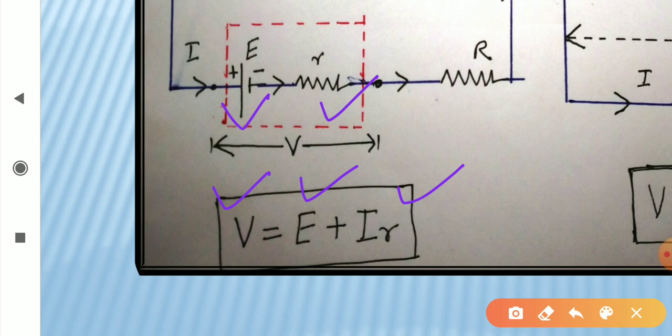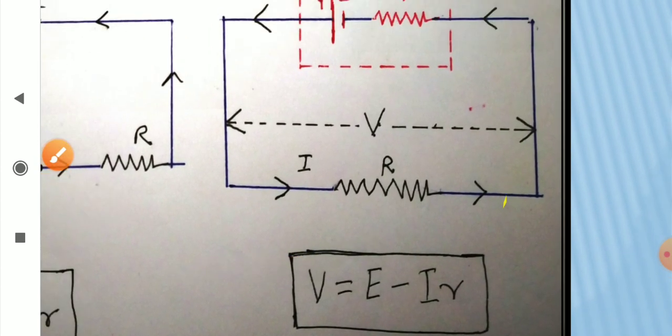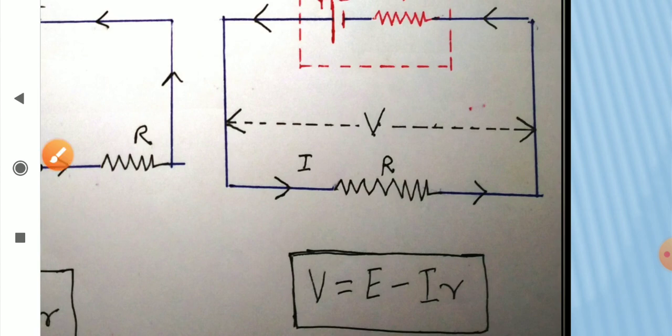So when a cell or battery is being charged, the potential difference across its ends is E plus Ir, whereas when a battery is being discharged, as in this case, the potential difference is E minus Ir. So this is also a very, very important concept and you must remember it.